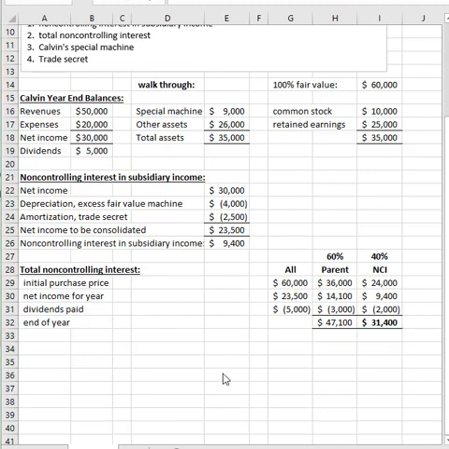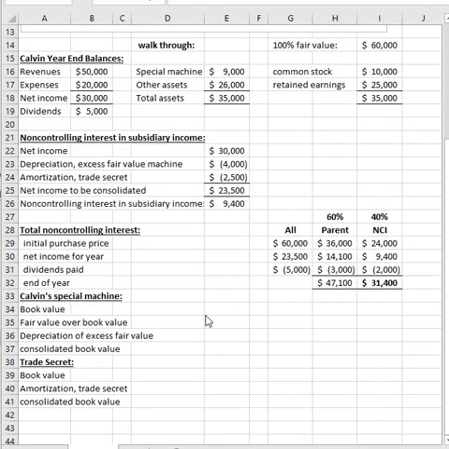Now what they want to know is what the balance in the special machine and the trade secret will be on the consolidated balance sheet when it's reported. So let's do that. The special machine initially was 10,000, but now it's year end, and so it's going to be 9,000 on the subsidiary's books, and then we're going to increase it for the excess of fair value over book value.